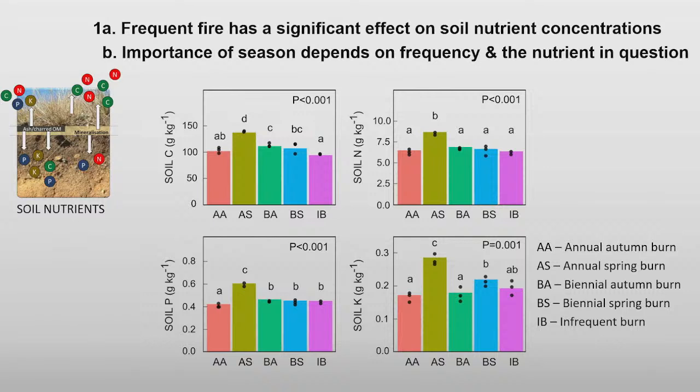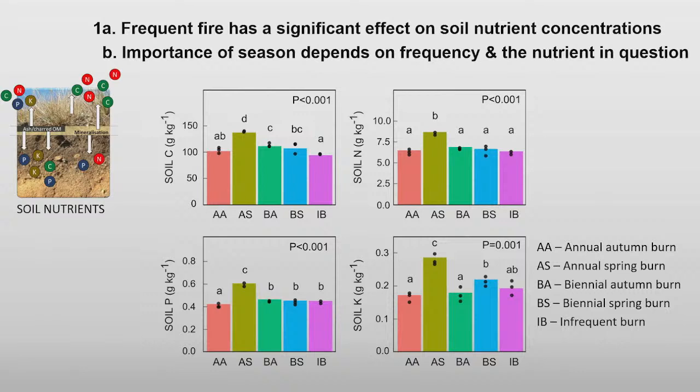And carbon, nitrogen, and phosphorus are a huge component of that organic material that is produced. So what we think is happening is in spring, we're seeing a reflection of those organic inputs, probably mostly through the roots. And in comparison, you get these autumn burns where you're seeing the negative effects of fire.